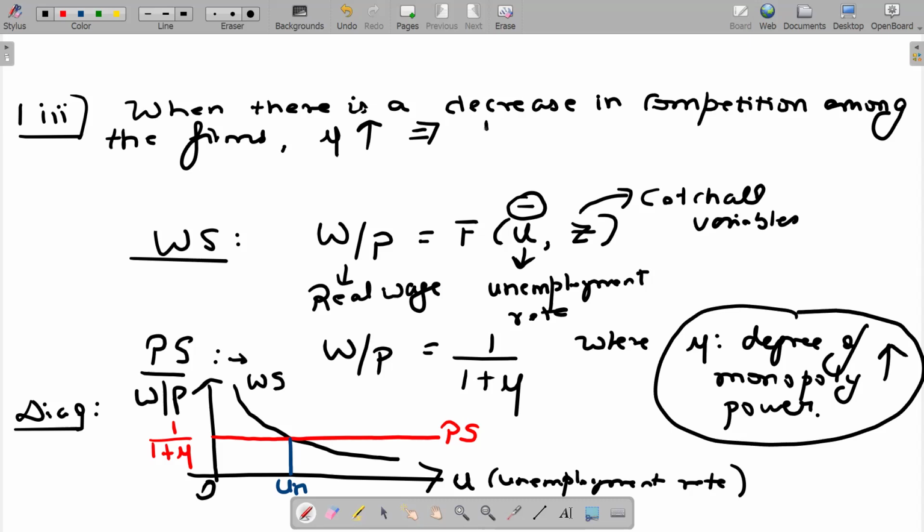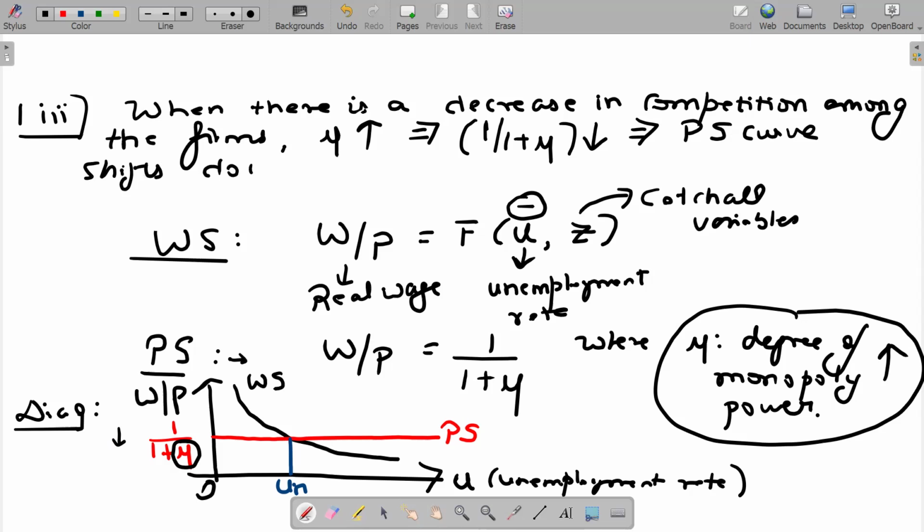When mu rises, 1 over 1 plus mu as a whole is going to fall, because mu comes in the denominator. So the price setting curve shifts downward. And when the price setting curve shifts downwards, what will happen to the natural rate of unemployment?